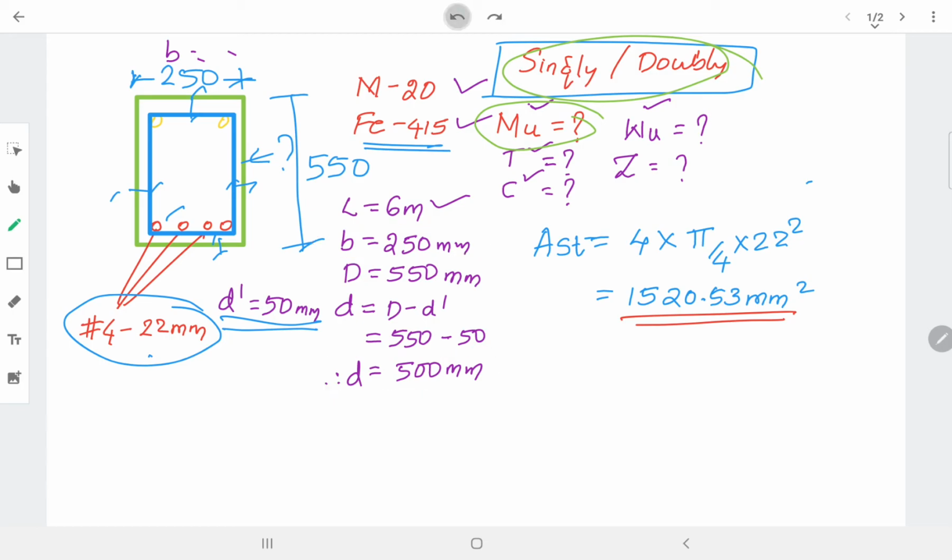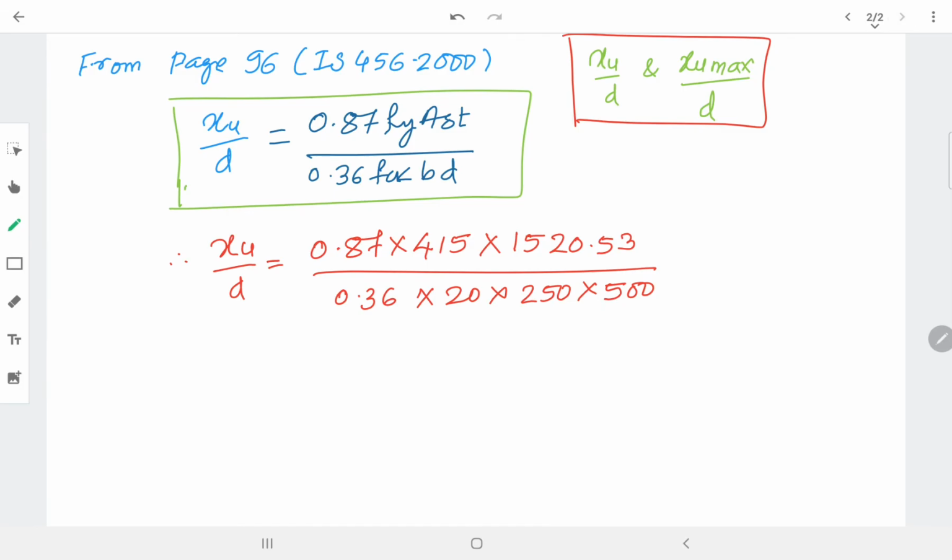When you solve this, you get the value of Xu by d equal to 0.60.